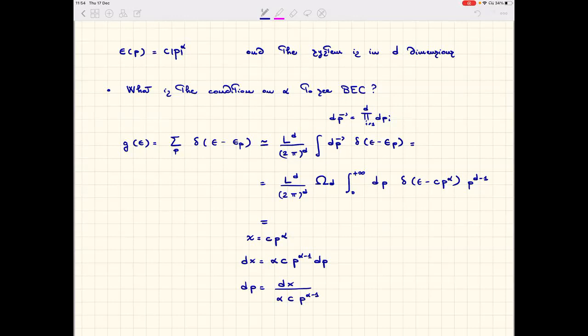And p is equal to x over c to the power 1 over alpha, right?